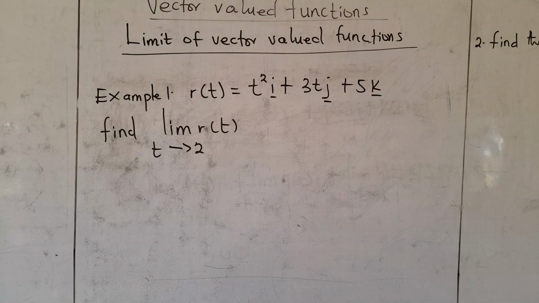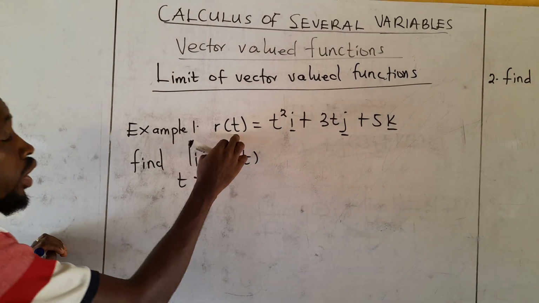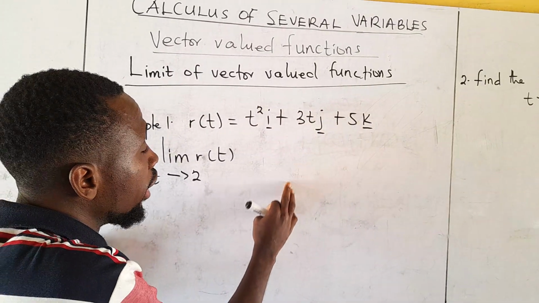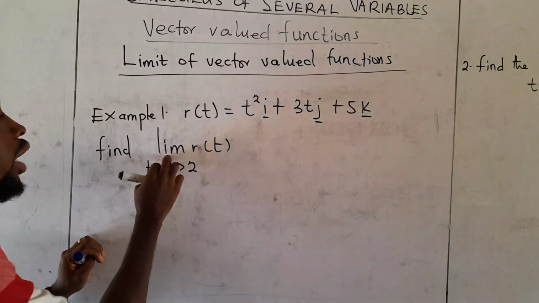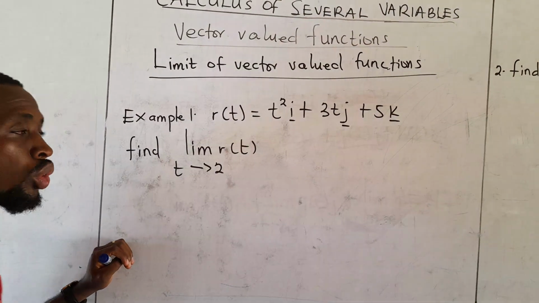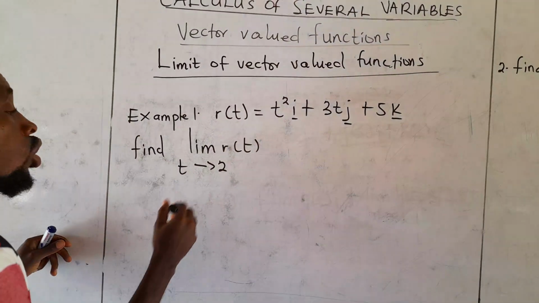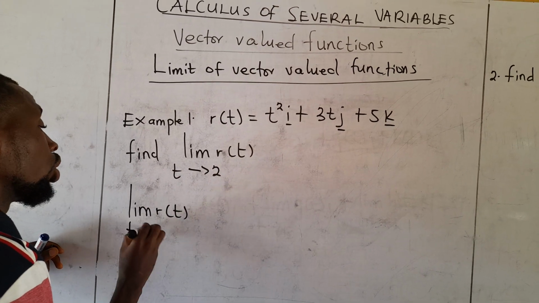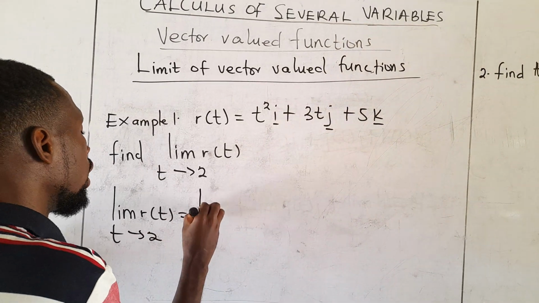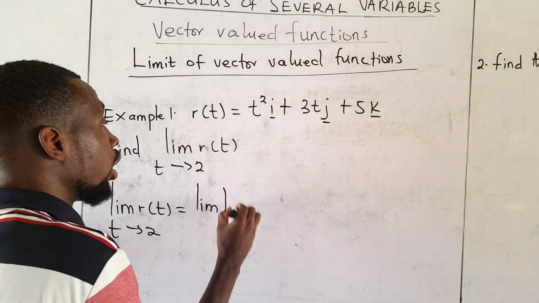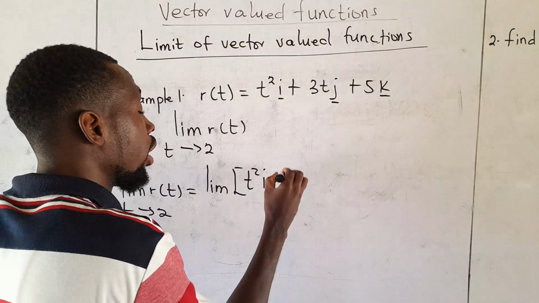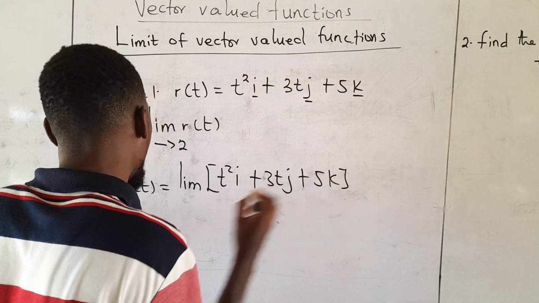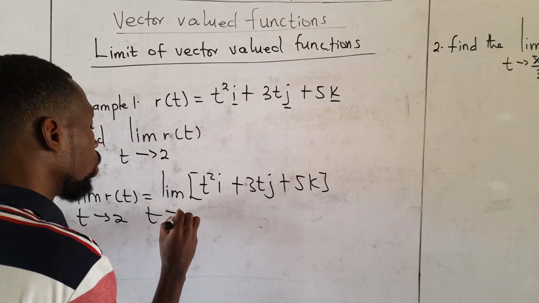So let's look at our first example. We say if r of t, which is our vector valued function, is equal to t squared i plus 3t j plus 5k, we should find the limit of r of t as t approaches 2. So how do we do that? The limit of r of t as t approaches 2 will just be equal to the limit of t squared i plus 3t j plus 5k as t approaches 2.